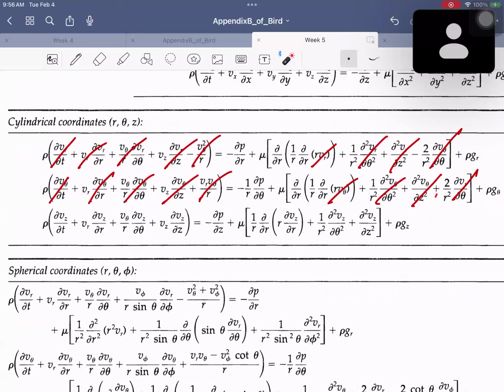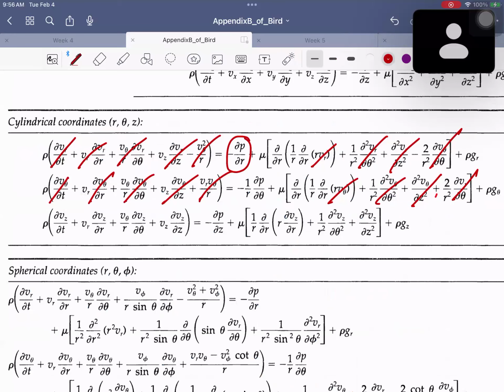I'm going to circle it. What about ρgr? Do we have gravity in the r direction? No, so just cancel it. What we have left for the r direction is just dP/dr equal to 0.